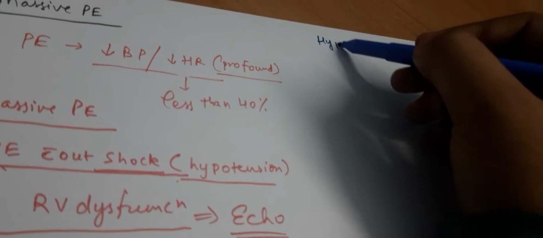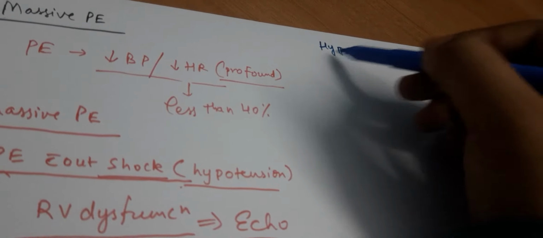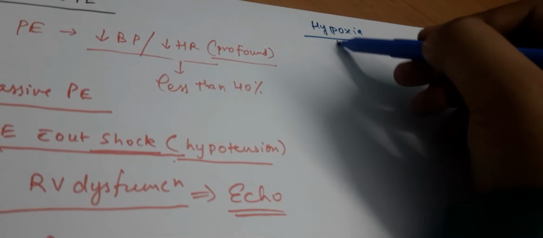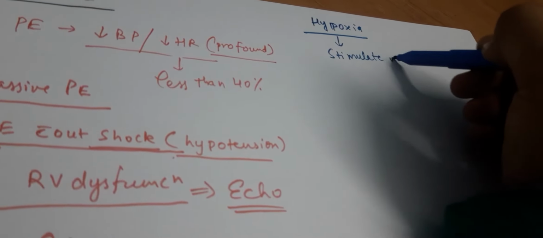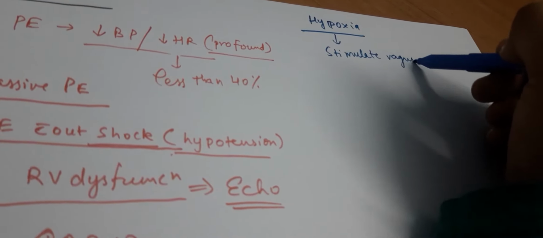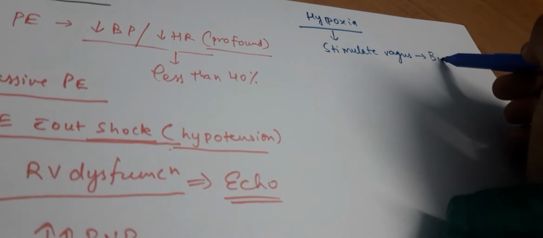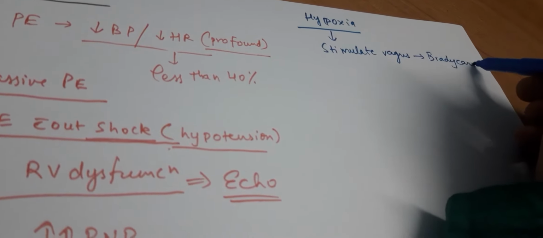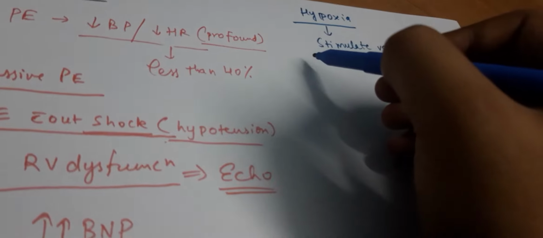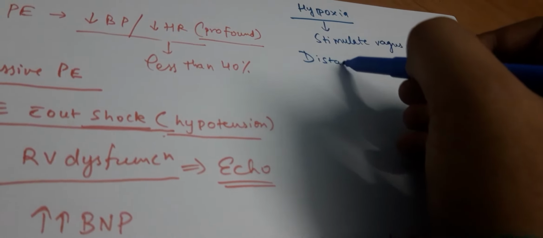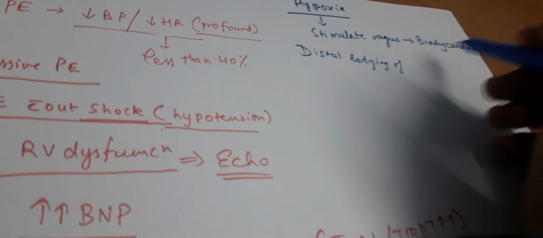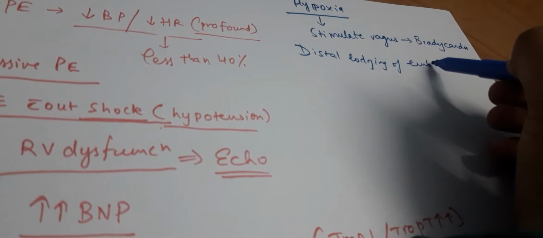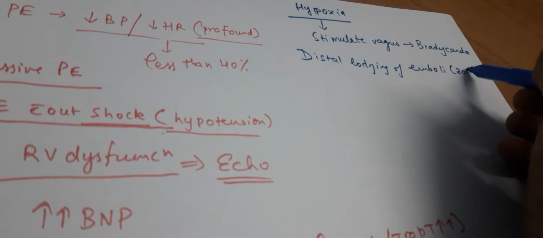The patient will have hypoxia, and this hypoxia will stimulate the vagus. That will result in bradycardia. And there is distal lodging of emboli, that is 20%.